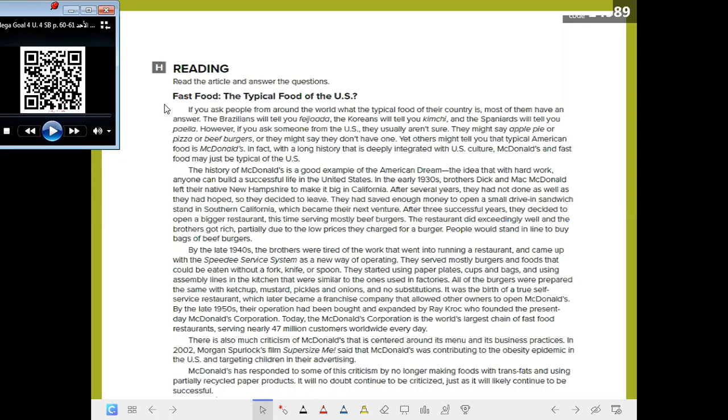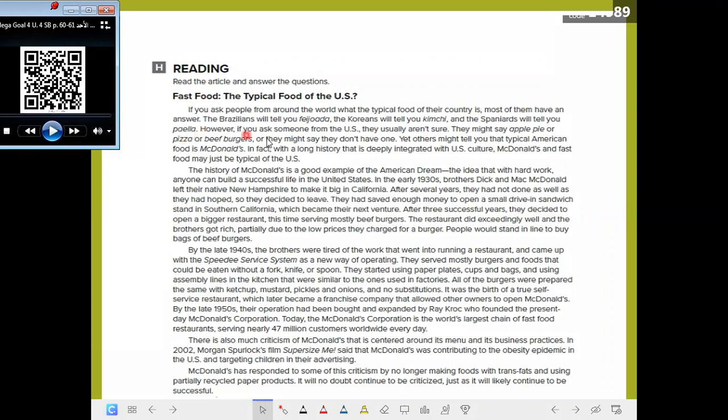Okay. Start. Fast food, the typical food of the US. If you ask people from around the world what the typical food of their country is, most of them have an answer. The Brazilians will tell you feijoada. The Koreans will tell you kimchi, and the Spaniards will tell you paella.